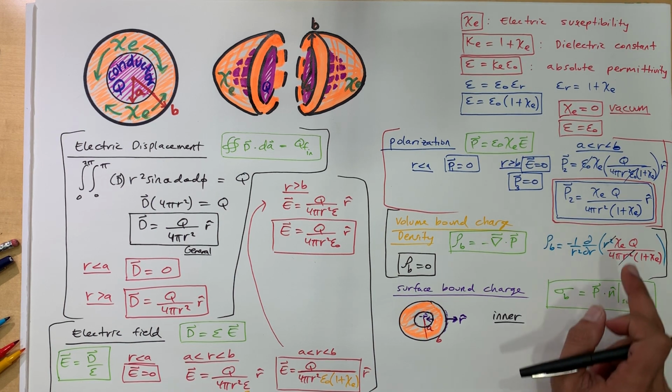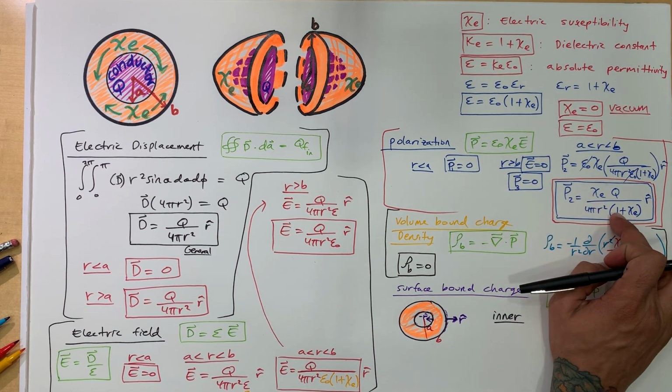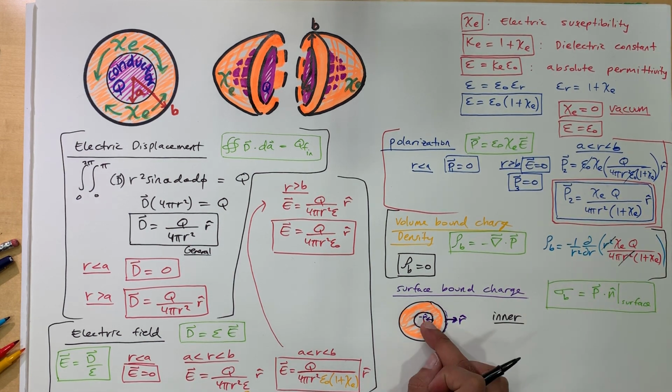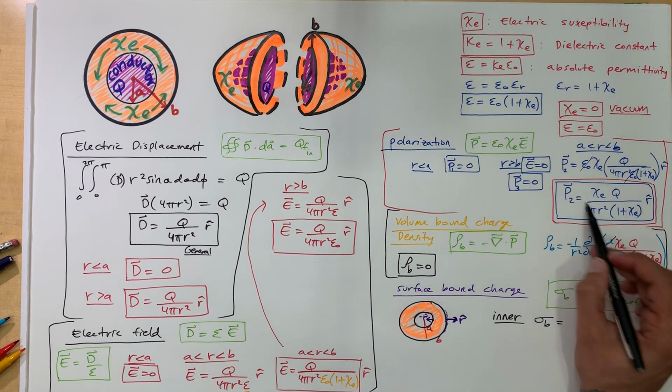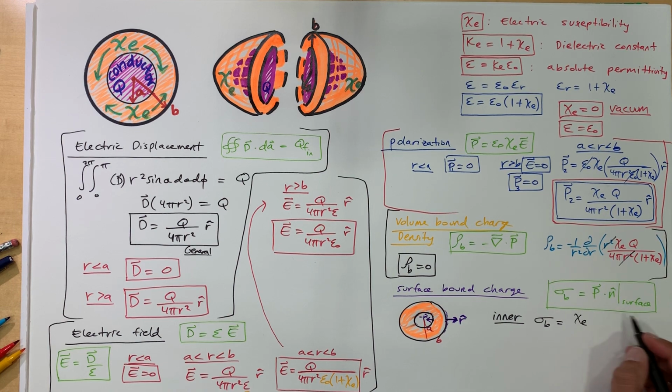So the polarization, we know we have this entire thing, and dotted with the normal is negative r hat. So surface bound, we got this polarization, chi Q over 4 pi r squared times 1 plus chi e.